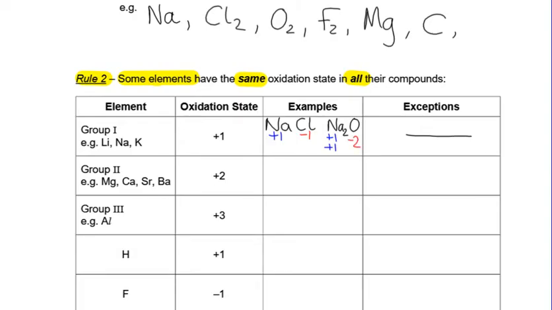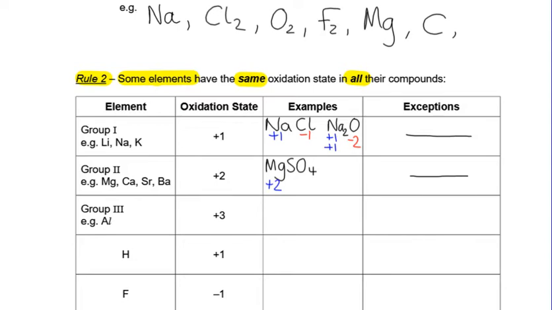Now what you might be spotting is these are very similar to the charges on the ions in these ionic compounds. Group 2 elements are always +2, and again there are no exceptions to that rule. If you're in group 2, you are +2. So in magnesium sulfate, the Mg is +2. Now the sulfate is not one thing, so we will have to consider what the sulfur and the oxygen are in sulfate.